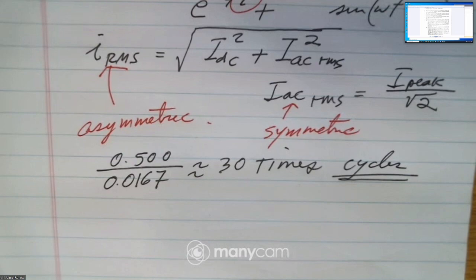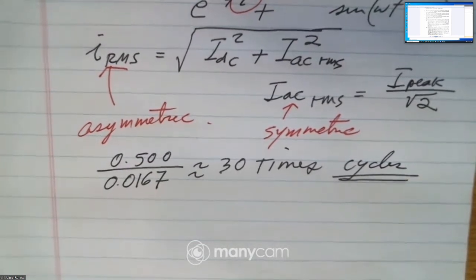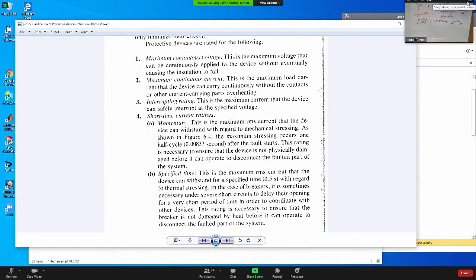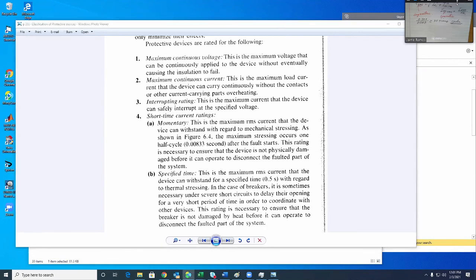It is sometimes necessary under severe short circuits to delay the opening in order to coordinate with other devices. So here we are talking about coordination. Did you see my calculation? So we are looking at coordination.